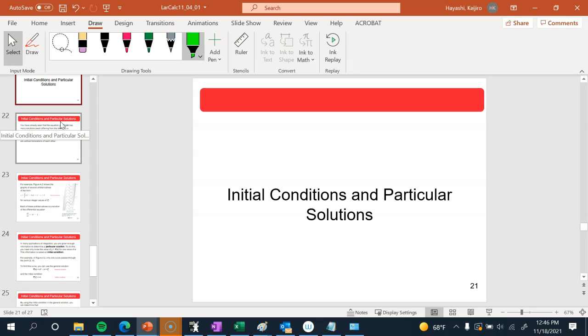So far, we've been finding these things called general solutions, right? The integrals with a plus c at the end, with that constant of integration, because there wasn't ever one particular antiderivative that we were looking for. It was always this family of antiderivatives that was able to satisfy some question.